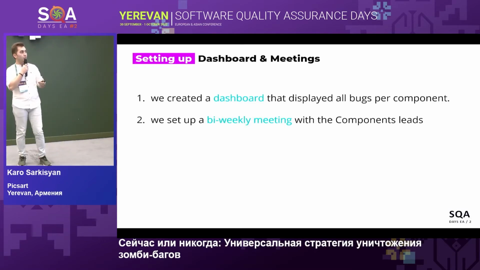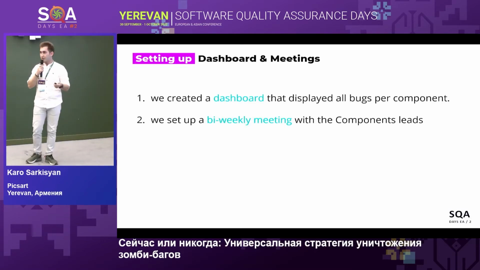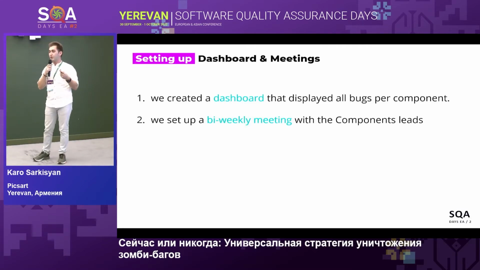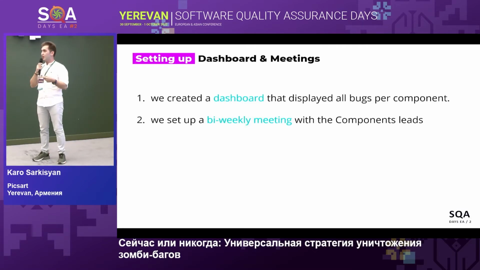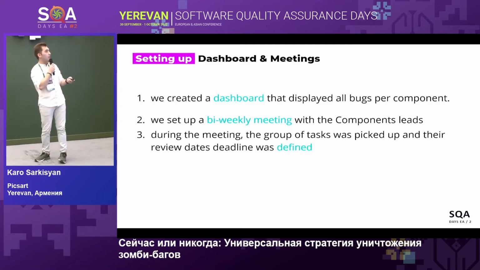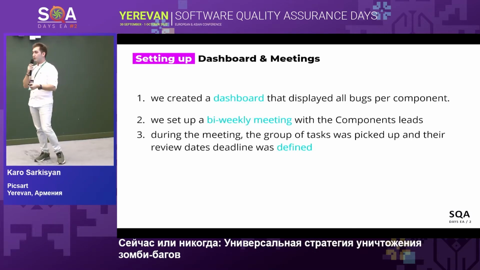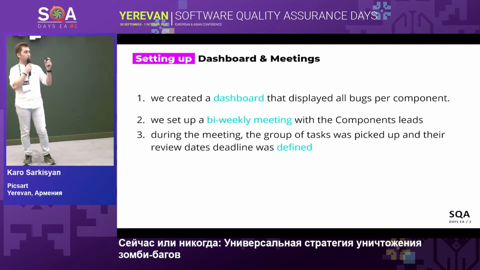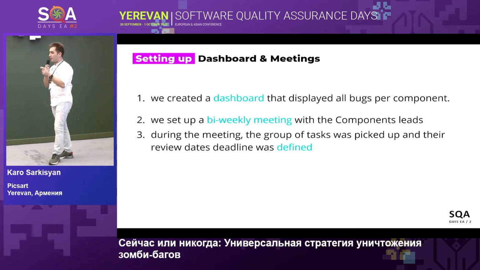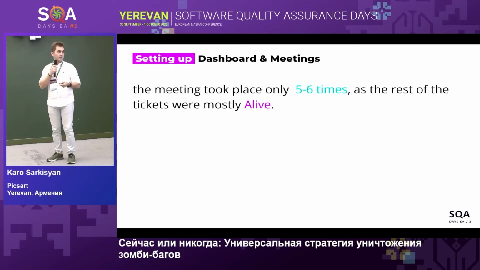We set up a bi-weekly meeting with the component leads, who are responsible for reviewing and closing the rest of the invalid bugs. During the meeting, we pick a group and define the deadline by which the group of bugs will be reviewed. And that helped us get rid of the rest of the potential zombie bugs.